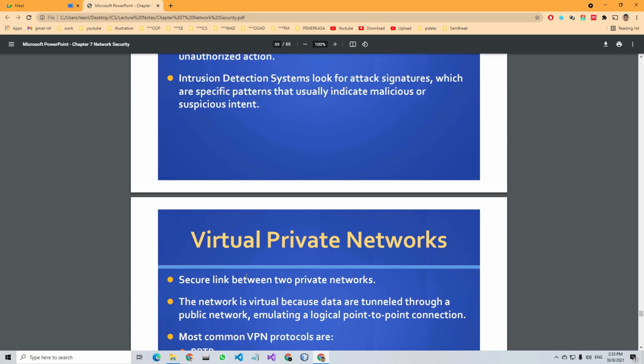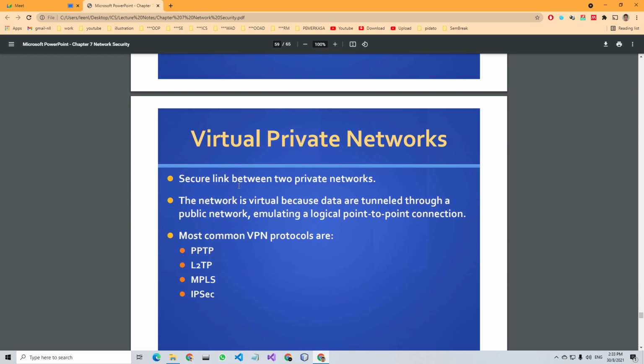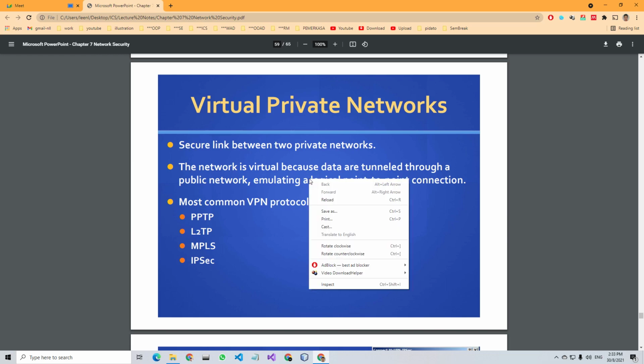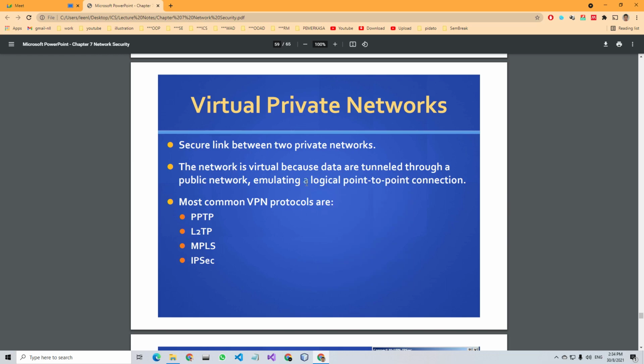VPN, virtual private network, is a secure link between two private networks. This network is virtual because data are tunneled through a public network, emulating a logical point-to-point connection. So what does it mean? This VPN establishes a protected network connection even on a public network.